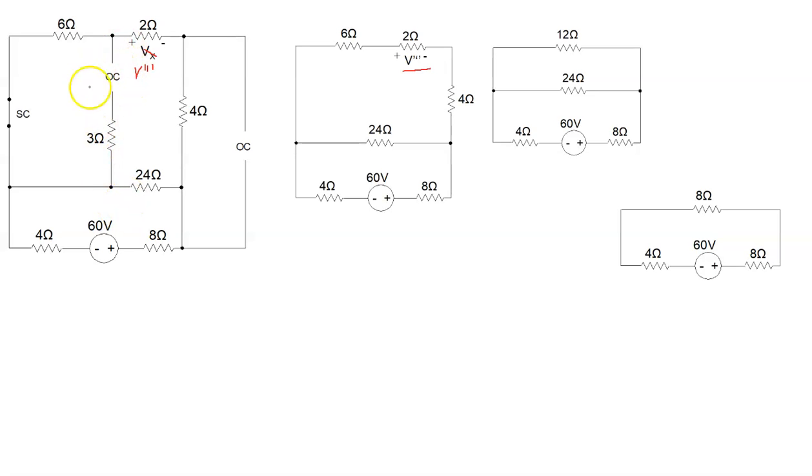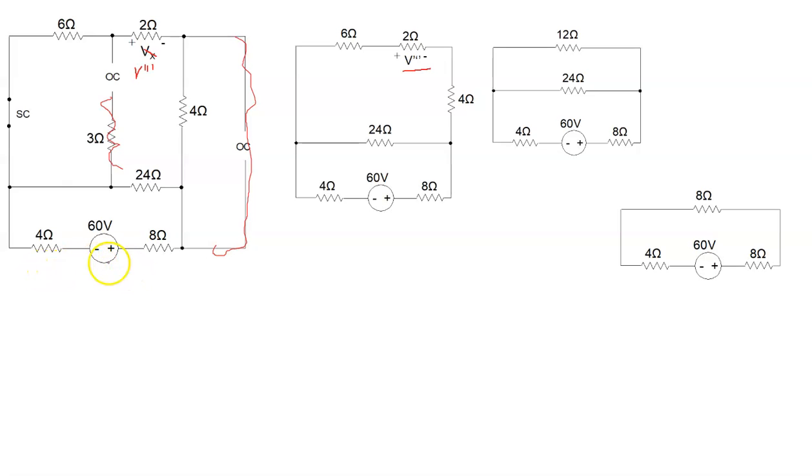The 5 amp source, open circuit. You notice over here, got my 40 volt source short circuited, and I've omitted the 20 ohm resistor that was over there because I got the same scenario as before. We're also then going to scratch out this fella here, and we're going to scratch out this here. This time on the bottom, we're not going to make a simplification with the 4 and the 8.